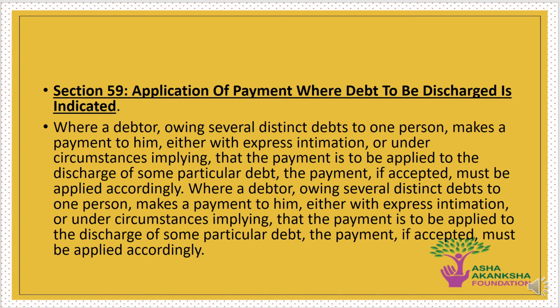This section states that where a debtor owing several distinct debts to one person makes a payment to him either with express intimation or under circumstances implying that the payment is to be applied to the discharge of some particular debt, the payment, if accepted, must be applied accordingly.